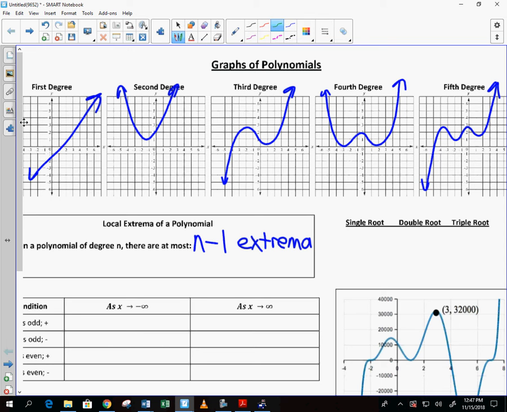Now I'm going to draw the negative ones. That'll be a negative parabola. That'll be a negative cubic. That'll be a negative quartic.